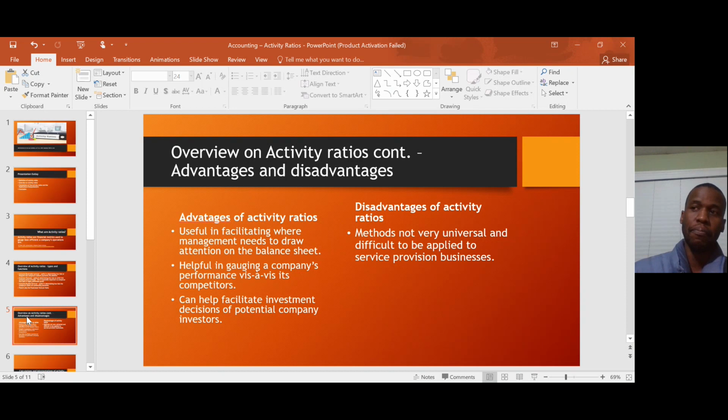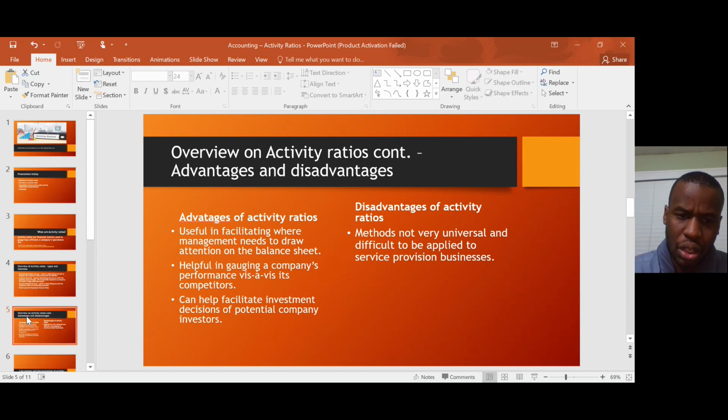Should attention be paid more on creditors? Should attention be fixated on debtors? So activity ratios, depending on the outcomes of the calculations, can show where the company is not performing well and where more efforts need to be put.